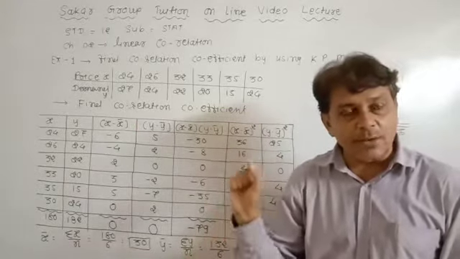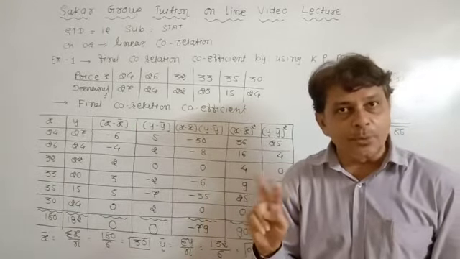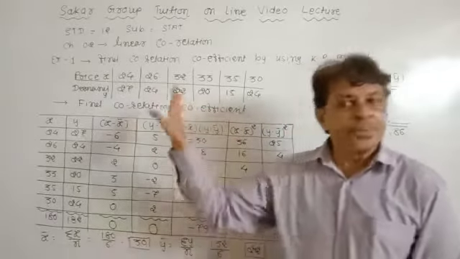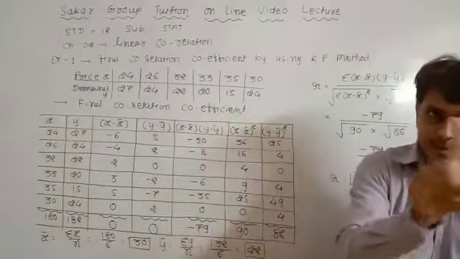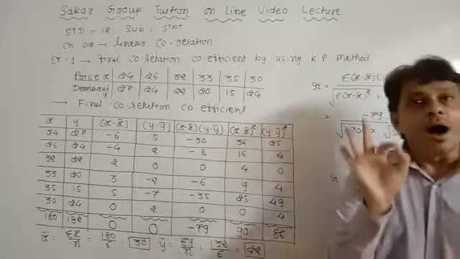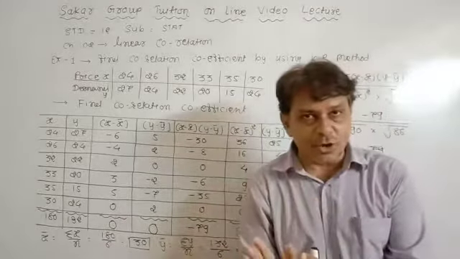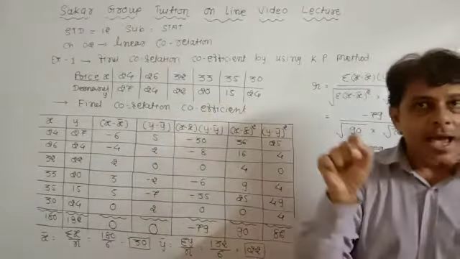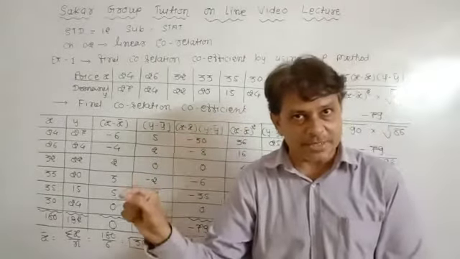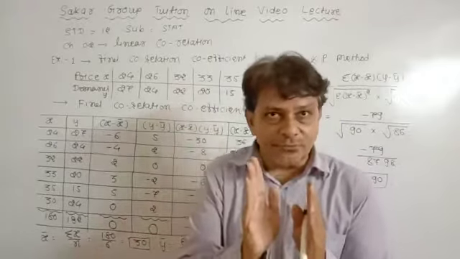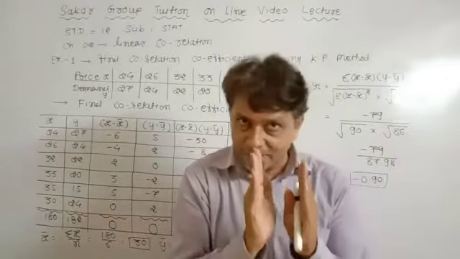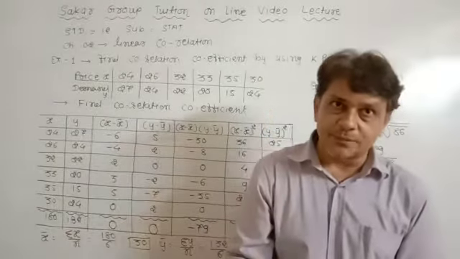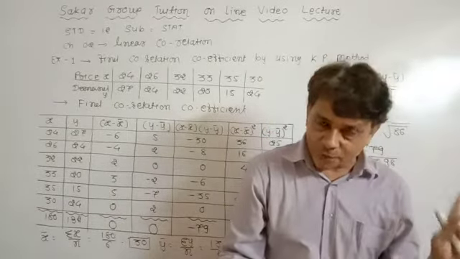The second column is y minus y bar. After preparing both, the next column is the multiplication of the previous two columns, x minus x bar into y minus y bar. In the fourth and fifth columns, we take the squares, x minus x bar square and y minus y bar square. So we prepared these 5 columns first, and from them we find the 3 different values which we put in this formula.